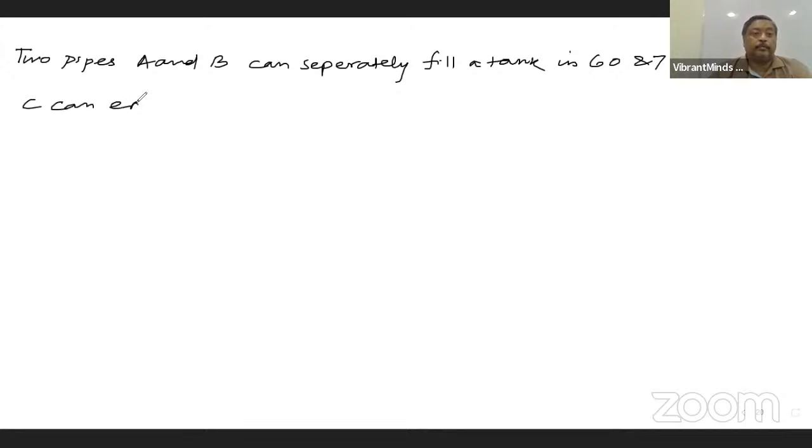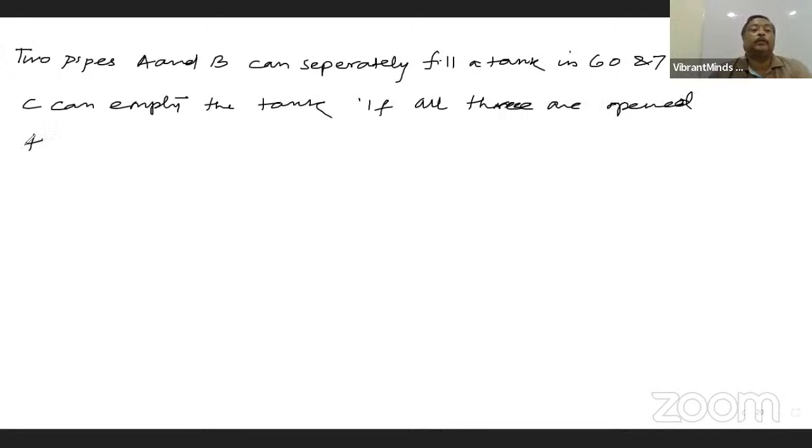C can empty the tank. If all three are opened, the tank gets filled in 50 minutes.